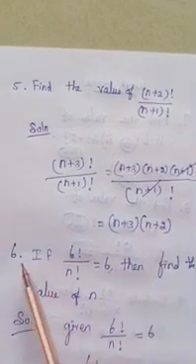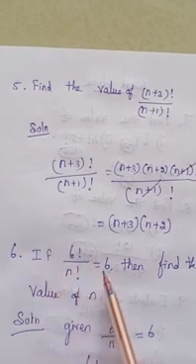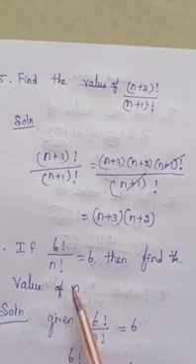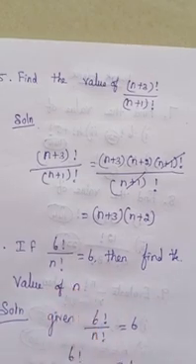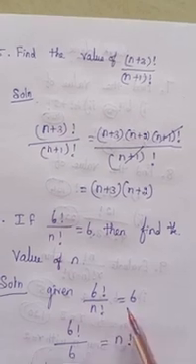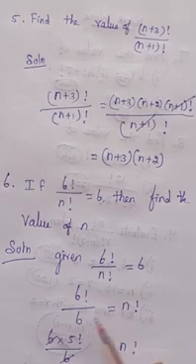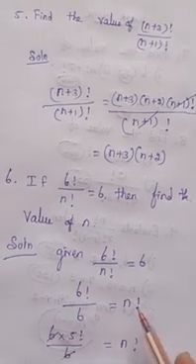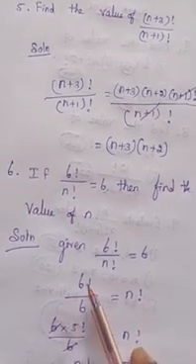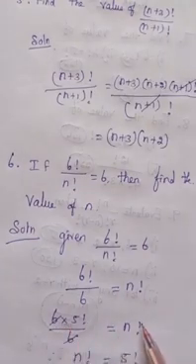Now problem number 6. If 6 factorial by n factorial is equal to 6, then find the value of n. So we can take the given condition 6 factorial by n factorial equal to 6. Take the 6 here. 6 factorial by 6 is equal to n factorial. 6 factorial can be written as 6 into 5 factorial divided by 6 is equal to n factorial.